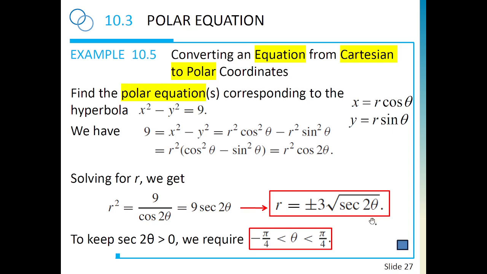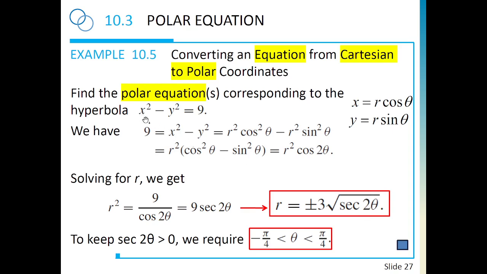Cosine is positive in the first and fourth quadrant. Because of the 2 theta, first and fourth quadrant is minus pi over 2 to pi over 2 for 2 theta, so for theta it is pi over 4 and negative pi over 4. Those are the limitations on the angle, because under the radical we need to have something positive.